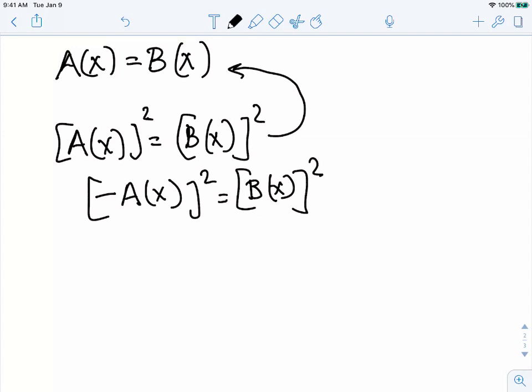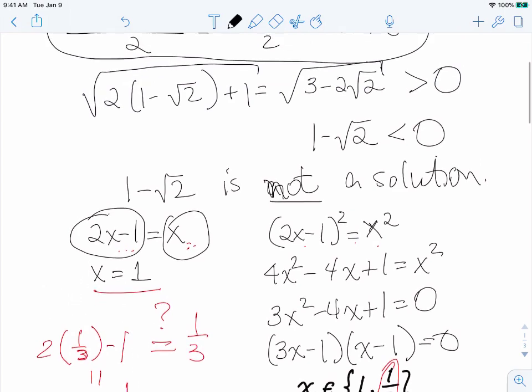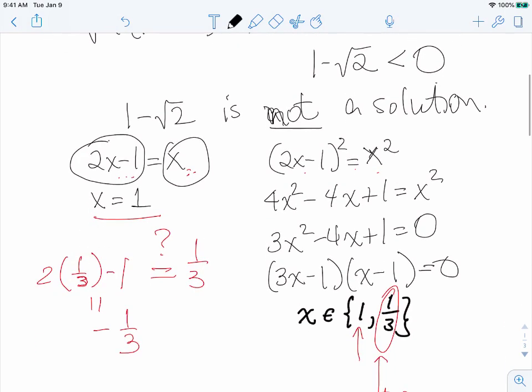So what you will often get is that the solutions will differ by a sign. In this case, notice that if you plug the wrong solution, 1/3, into the original equation, the two sides differ by a sign.